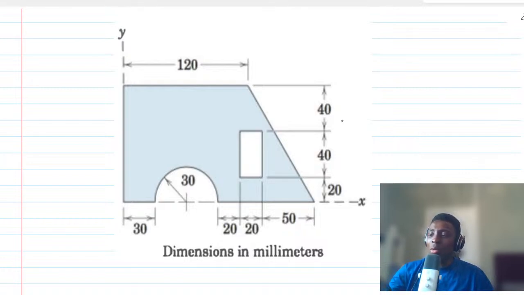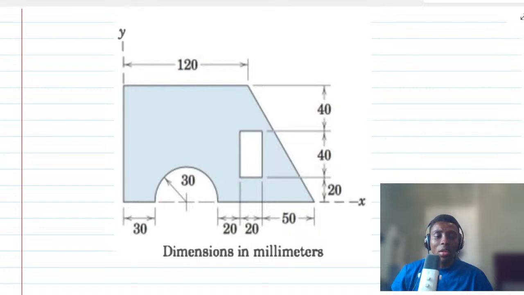So without wasting much time, let's go straight forward and solve it. If you have a question like this, the first thing you have to do is to divide these areas into regular areas. Once you're able to divide these figures into regular areas, then you can now solve it.